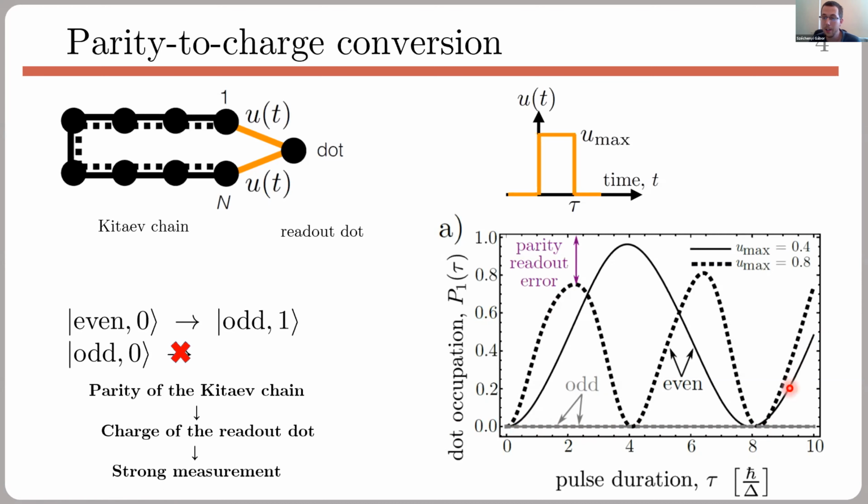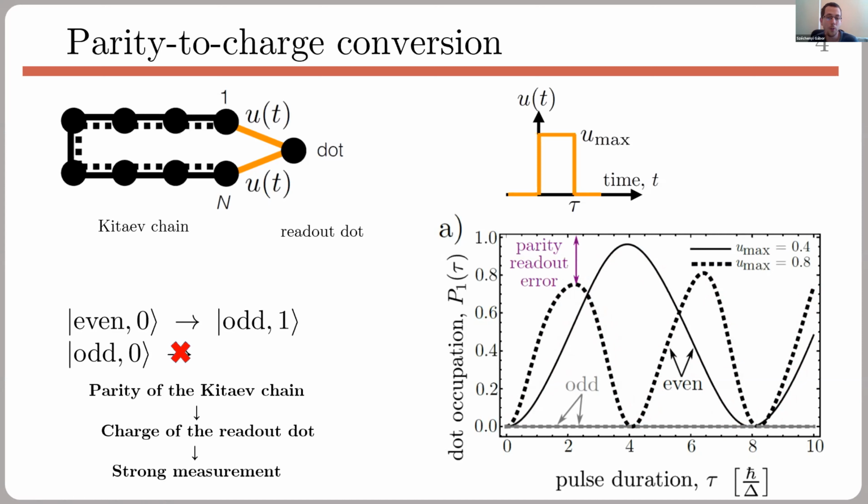Here we can see a nice, almost complete Rabi oscillation for the even ground state. And we also see that if we increase the strength of the pulse, a shorter but stronger pulse, it's also a Rabi oscillation, but an incomplete one, so it doesn't go up to 1. There's a small difference, and this difference will be the parity readout error in this readout scheme.